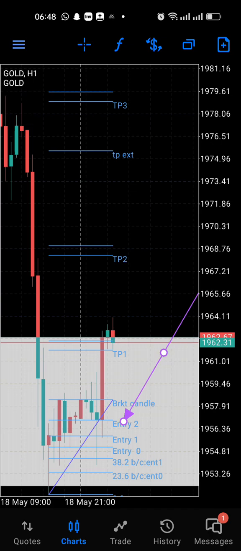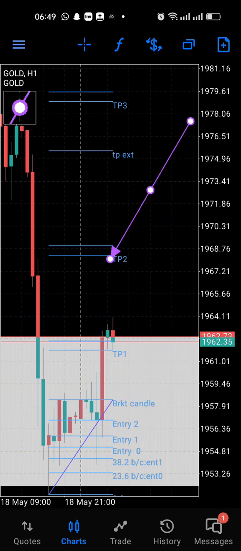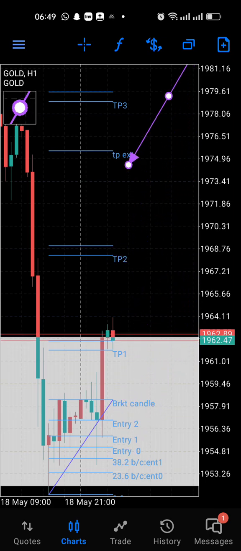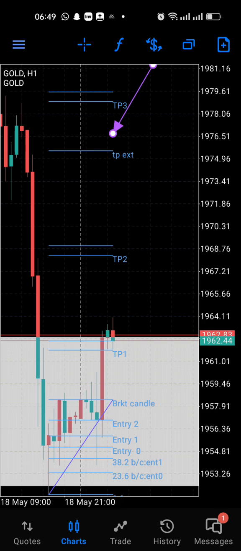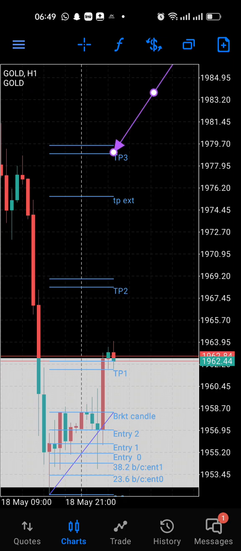This is 1.786. 0.5. The others are labeled 0.382 and so on. 1.618, 2.618.